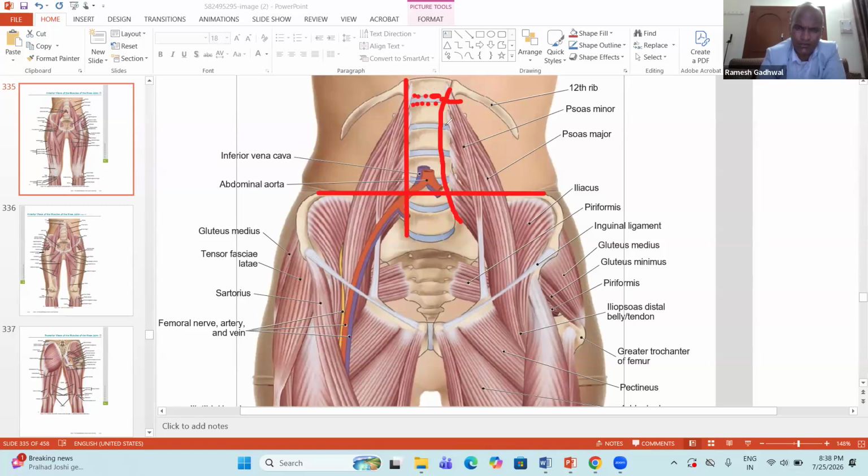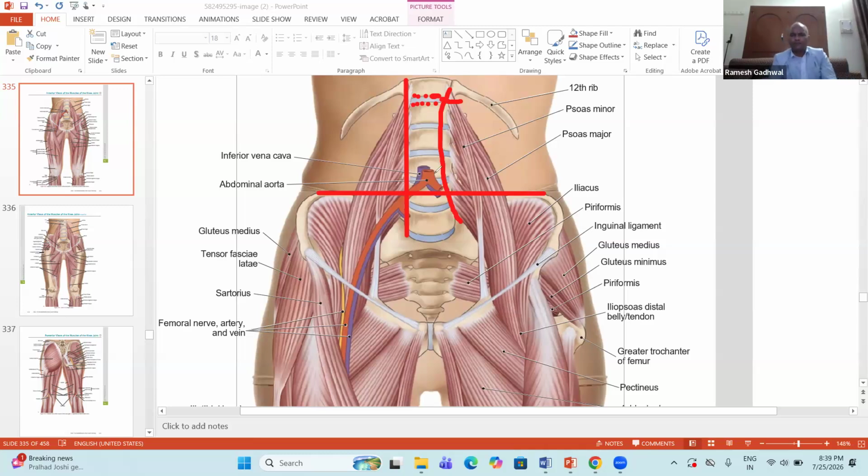Then another thing you read. Disc decompression, disc thickening. In that, this gap between two vertebrae is reduced.